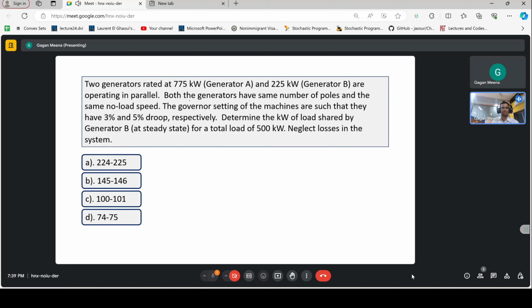Both the generators have the same number of poles and same no load speed. Let's say this generator is 3% and this is 5%. This is generator 1, generator A, this is generator B. So governor settings of the machines are such that they have 3% and 5%.